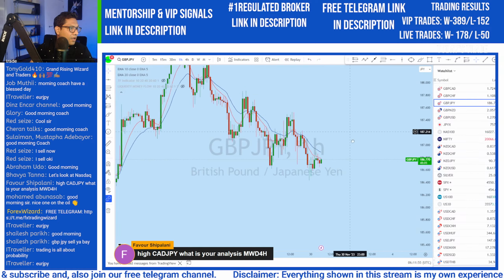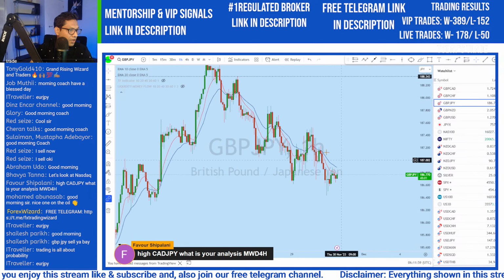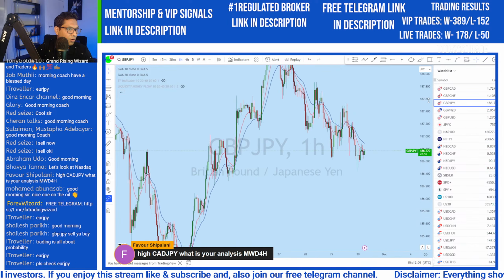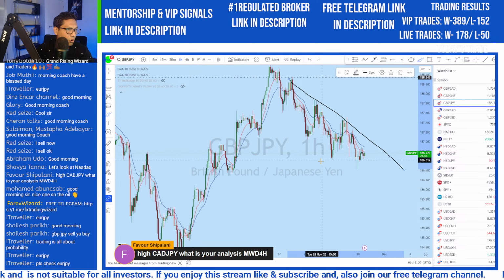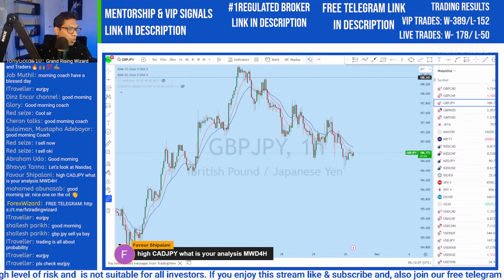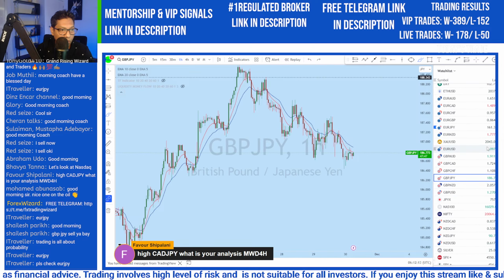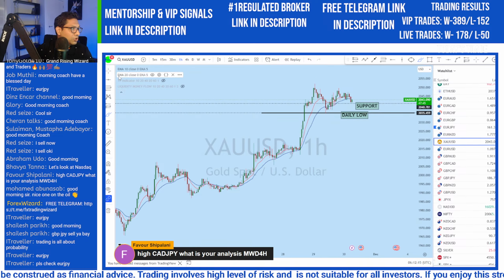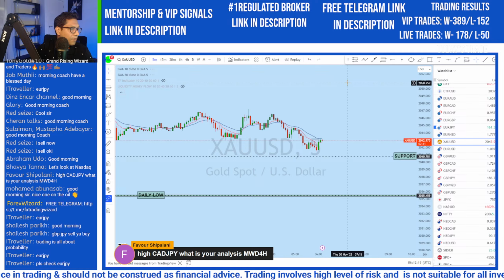So let's see how it is doing. This market at the moment, this is the 1 hour chart, is very choppy and not ready for me at all for any kind of selling or buying. Once you find a suitable entry, we'll be looking at that. In the meantime, as I mentioned before, it is important to look at the trend. We see that gold on the lower time frame is trying to bounce off that level.